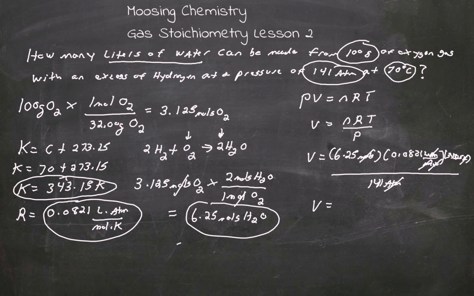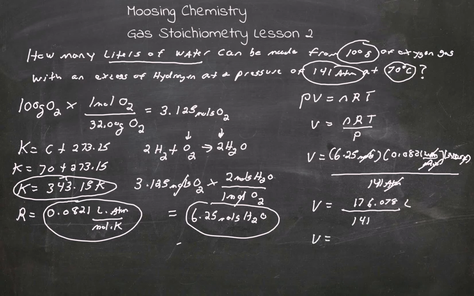So let's multiply the top first. 6.25 times 0.0821 times 343.15 gives me roughly 176.078, which will be liters on top, divided by 141.